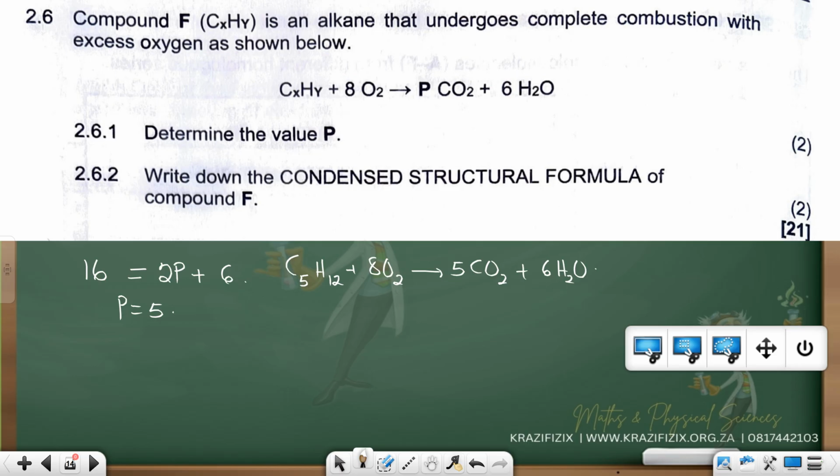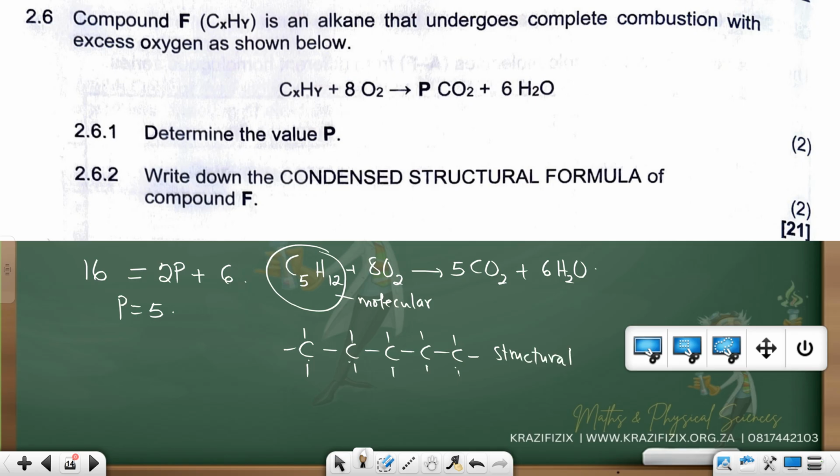Then write down the condensed structural formula. When they say condensed, what does it mean? This one is molecular. If I do this, 1, 2, 3, 4, 5, this is structural.